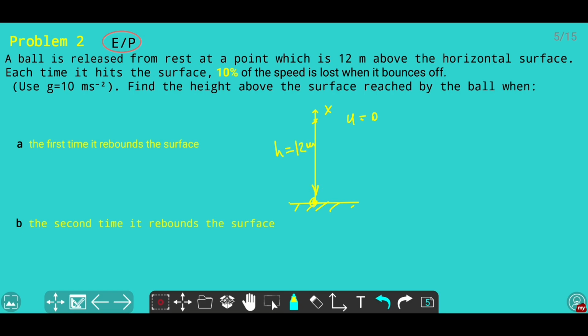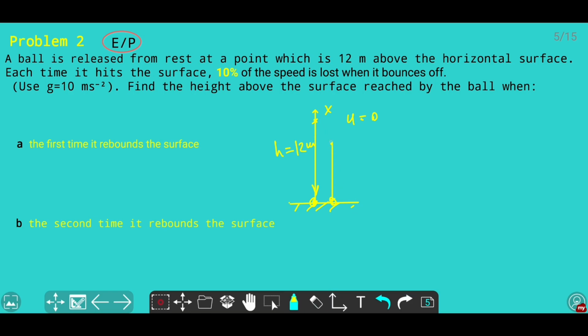It hits the surface, then some speed is lost. So you need to find the height above the surface reached by the ball when it first rebounds off the surface. So after rebounding, it will lift up, but not to the same height.